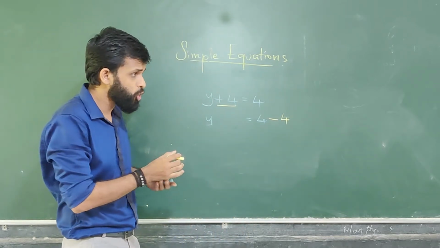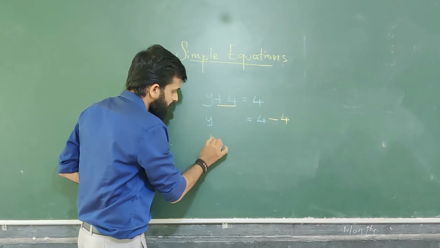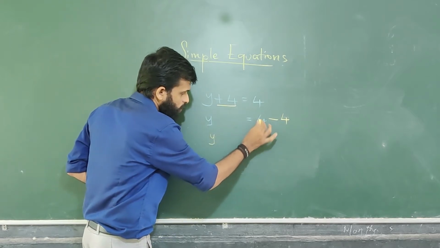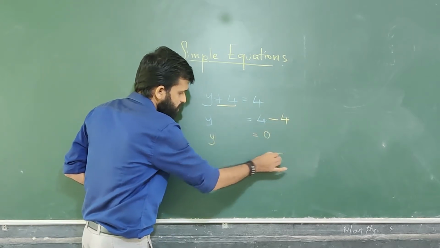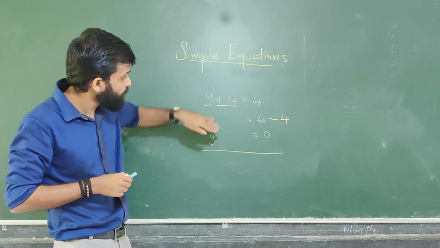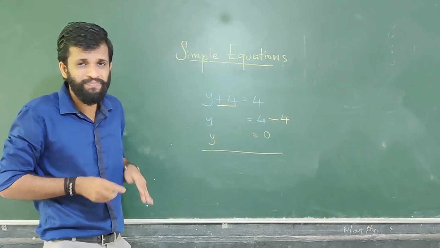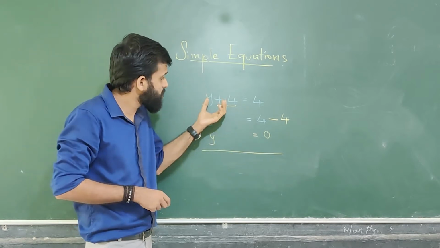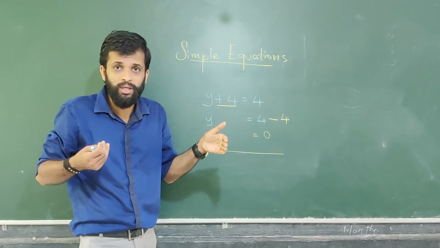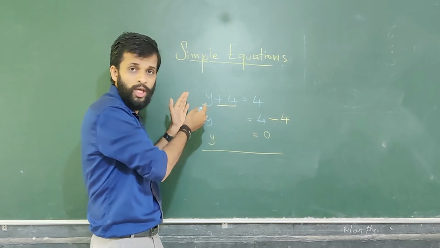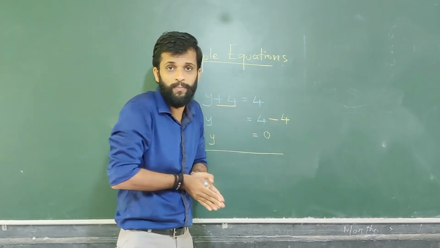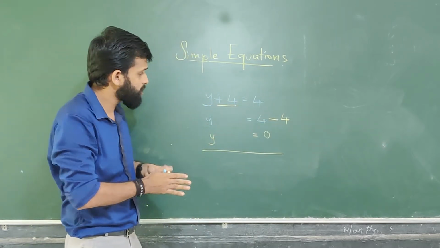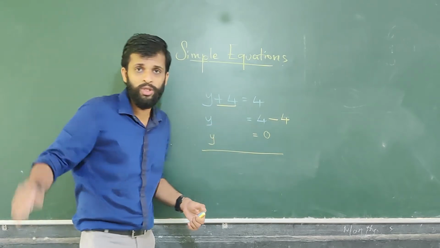After solving, I'll get y equal to 4 minus 4, which is 0. This is my answer for this simple equation. Clear, right? All I have to do is keep them separate. I'll put all the letters together, all the numbers together, and that's how you get y is equal to 0.